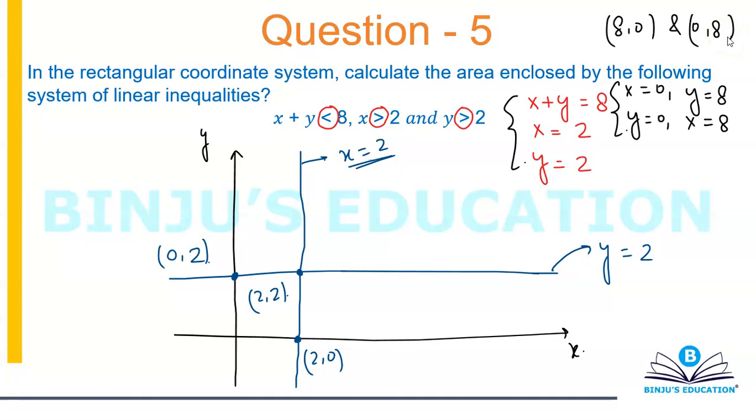In other words, the line passes through 0, 8 and 8, 0. So connect the 2 points.